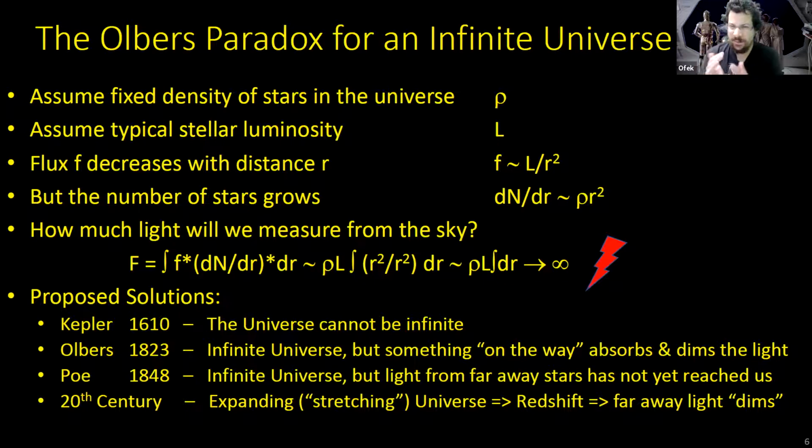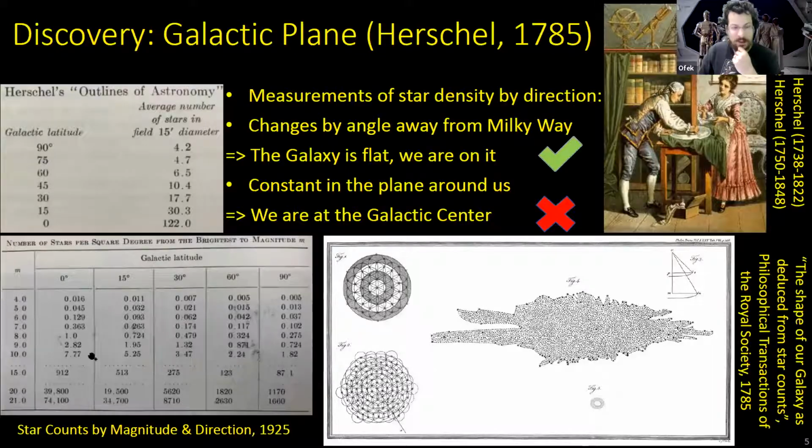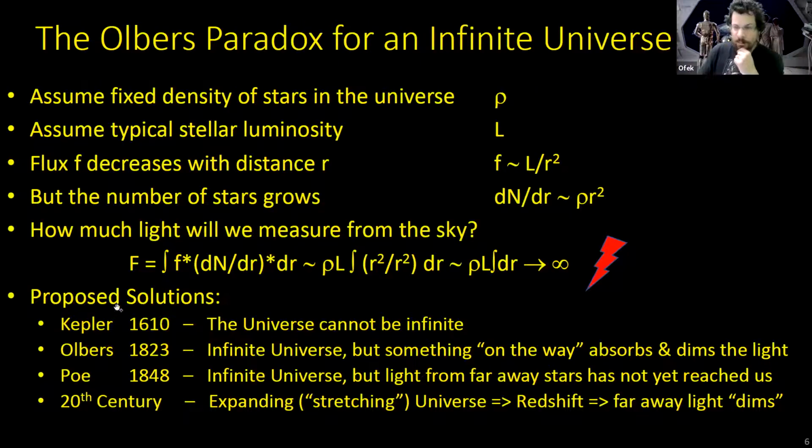Newton kind of tried to play with this as well. In his Principia Mathematica, he makes a very similar table to the one that Herschel made, counting stars by magnitude and seeing that the number increases like the surface area gained at radius r.